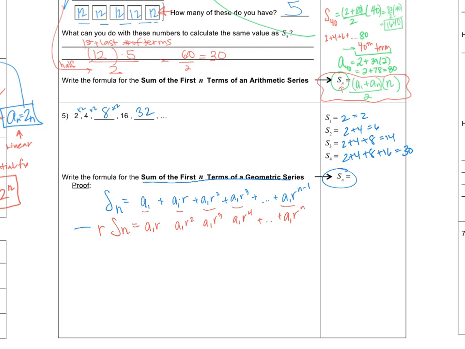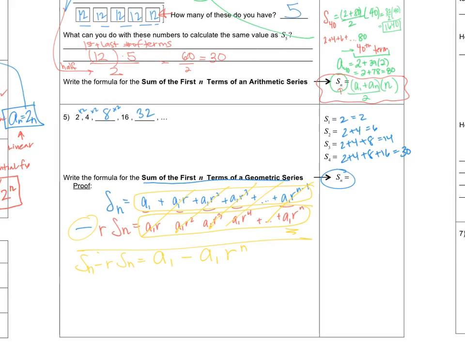And so if we subtract that from the first series, look what's going to happen. If we're subtracting, these would cancel. All the diagonals are going to cancel. And so all we have left is Sn minus r Sn equals a1 minus a1 r to the n, this last term.